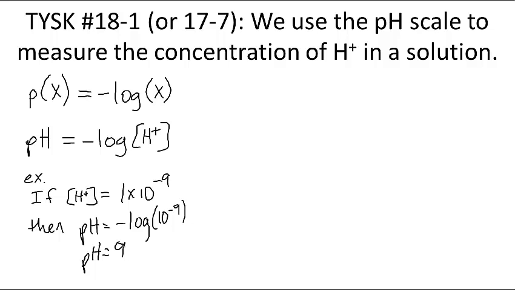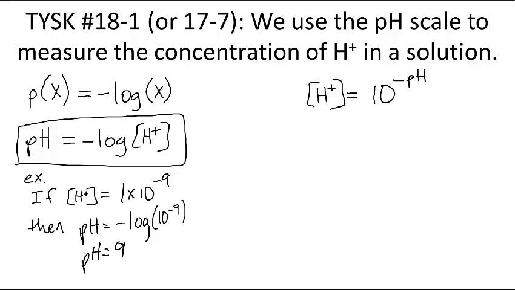So this property of logarithms you want to know: if pH equals negative log of H plus, then 10 to the negative pH equals the concentration of H plus. These are two things you're going to want to know. You want to be able to go back and forth between pH and concentration of H plus.